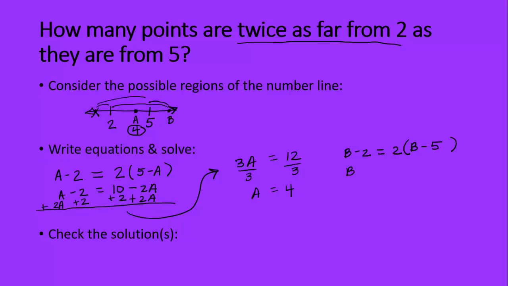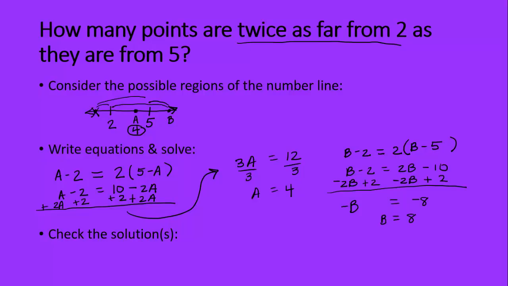Let's simplify. Okay, and get those B's together by subtracting 2B. It's totally fine to move the B over to the 2B if you like doing it that way. So I get negative B equals negative 8. If I divide both those by negative 1, I get B equals 8.